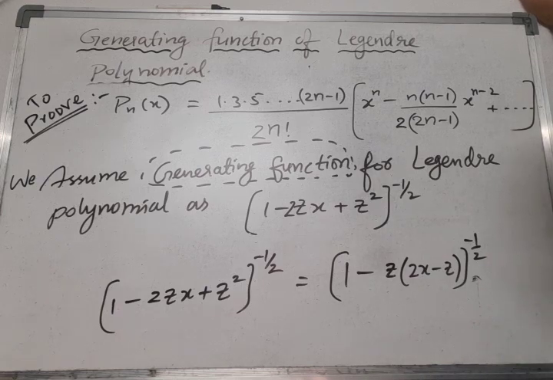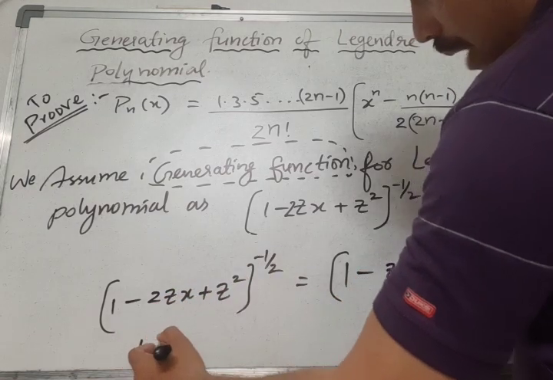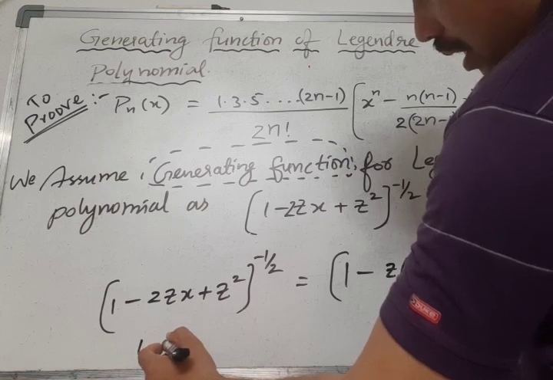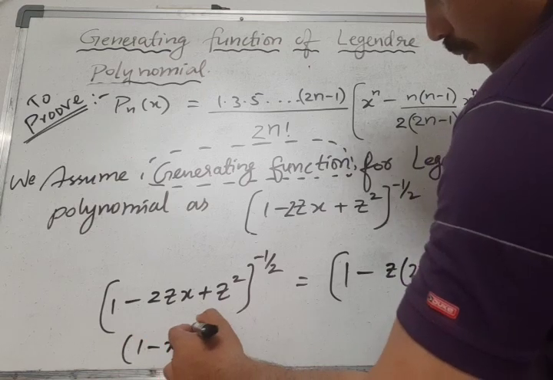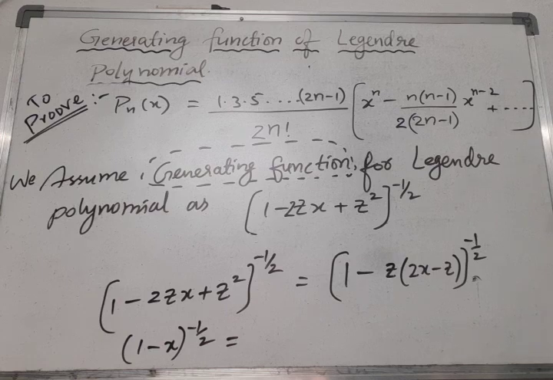Whenever we have a binomial expansion of this type, it is called the ascending powers of x. It is of the form 1 minus x whole to the power of minus 1 by 2.